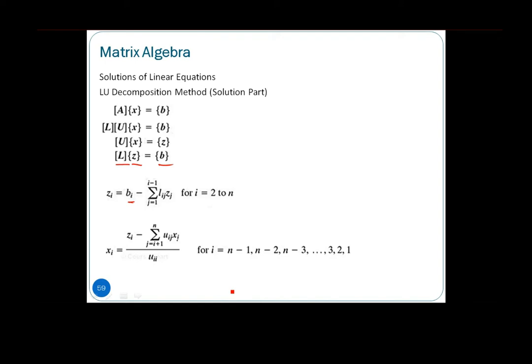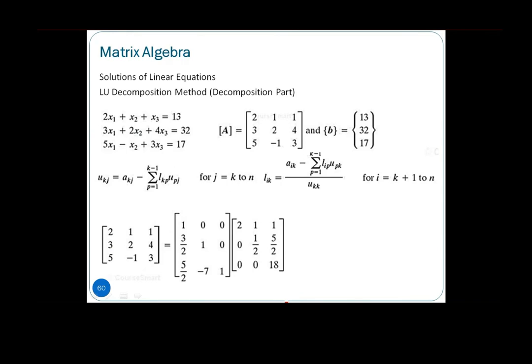We can get our Z: here we have our Z1, Z2, Z3. So from here, if we have the Z, and we have the upper, then we can find our X. So we can solve the X, this itself. Right. So that is how you solve it.